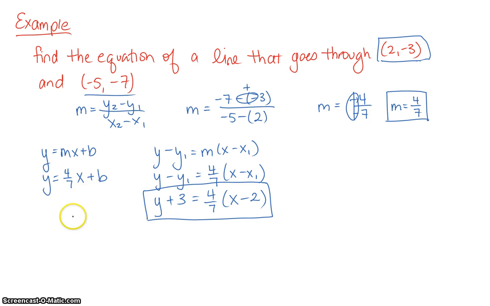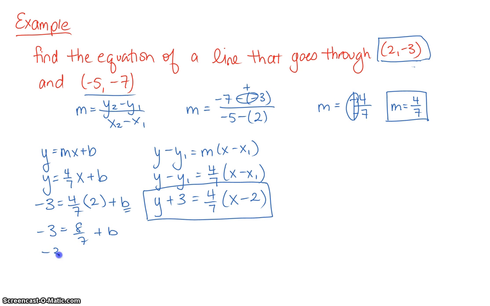If I wanted to use slope intercept format, I could actually plug in a point for x and y, either of these two that are given, and solve for my b value. So I could say, let's say if I use the same point, negative 3, 4 over 7x, and x in this case is 2, plus b, and solve for my b. Negative 7 is going to become 8 over 7, plus b.